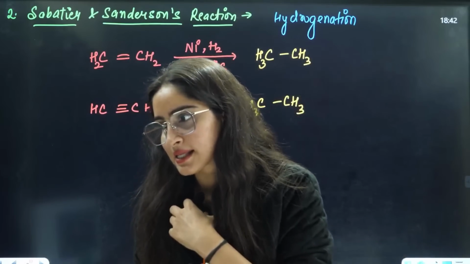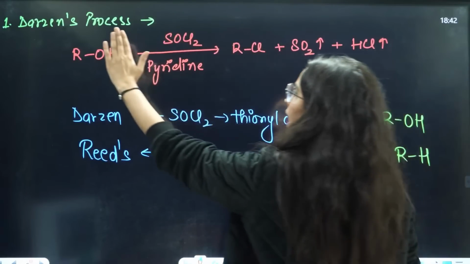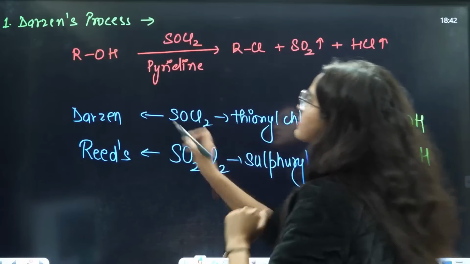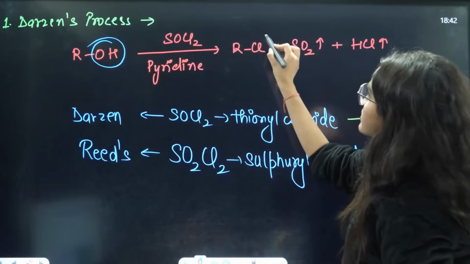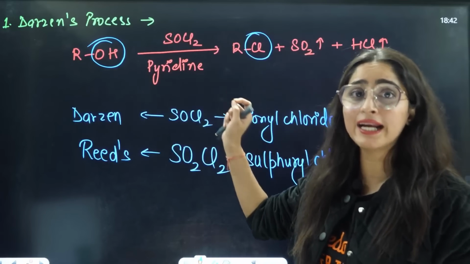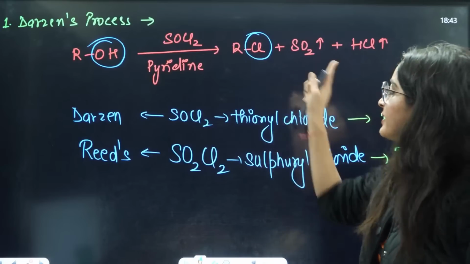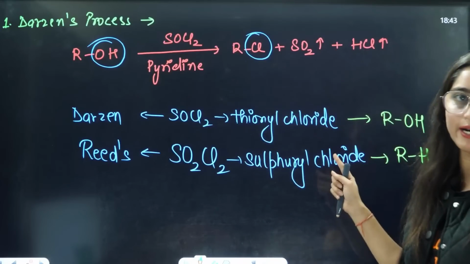Okay, yes. Darzen reaction was basically where you have alcohol. OH is converted to Cl. That means alcohol is converted to alkyl halide in the presence of thionyl chloride.